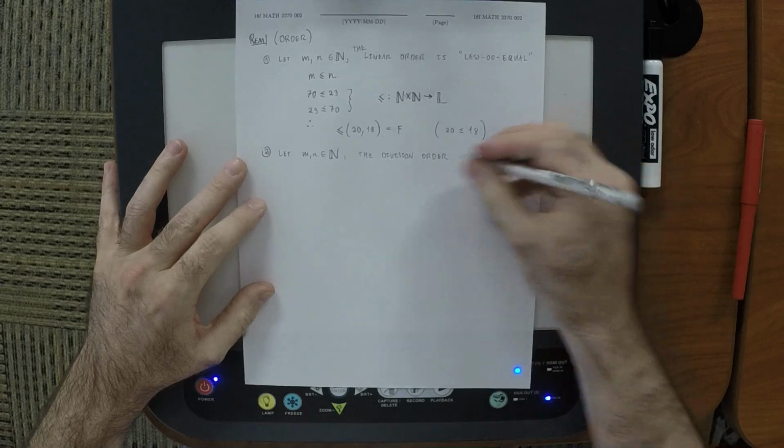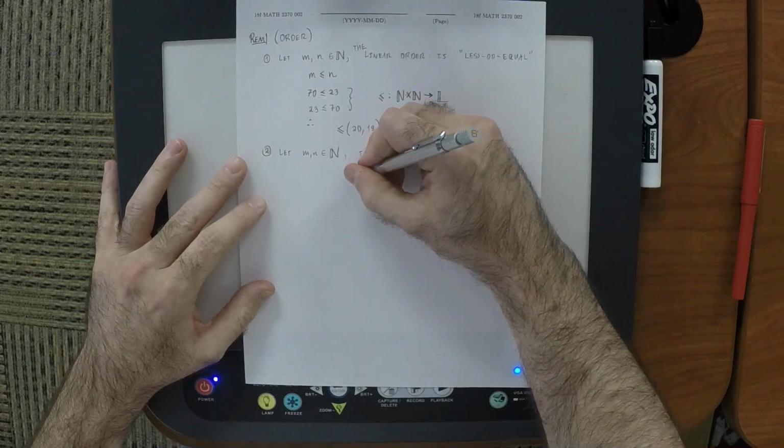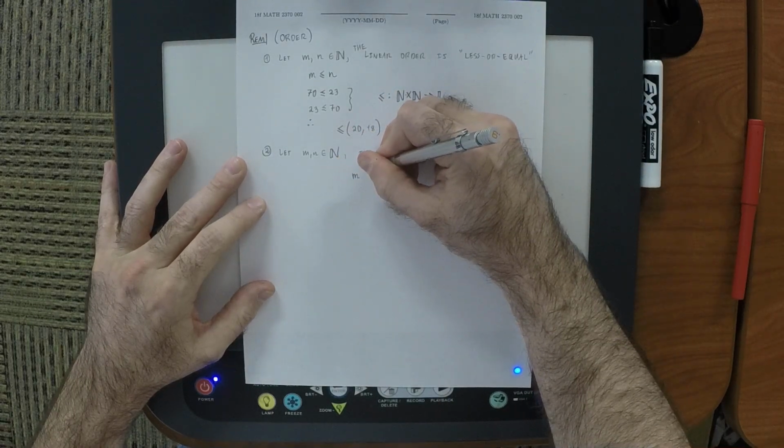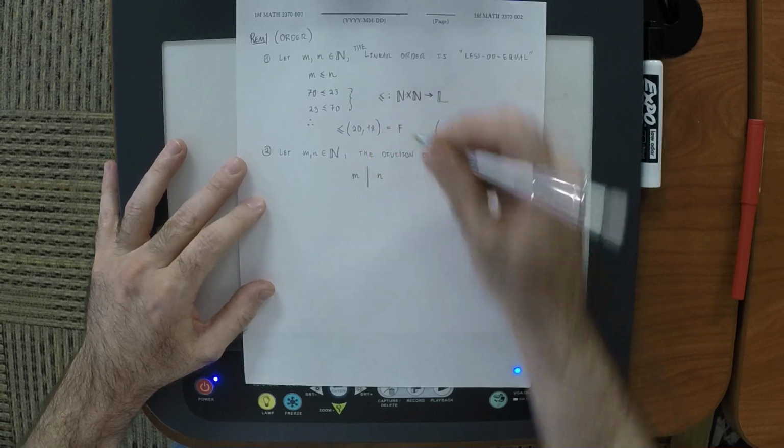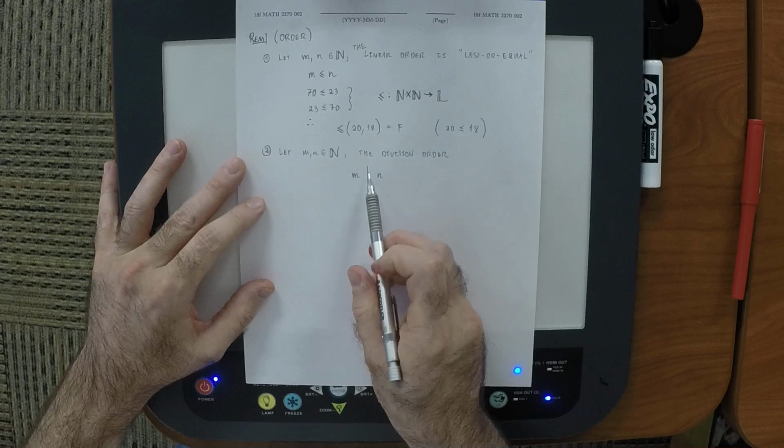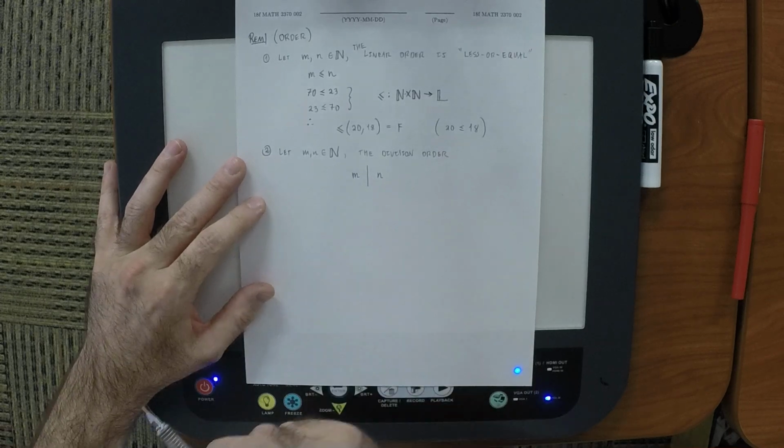So in the division order, if you've ever seen this before, the way it's written down is probably just a single vertical bar.